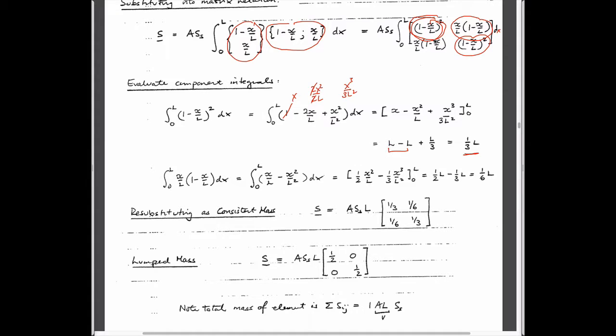And if we do the expansion for the other term, which is just x over L times x squared over L squared, this term here. Again, do the integration. What's this going to be? This is going to be x squared over 2L. This is going to be x cubed over 3L squared. And again, if we make the substitutions, the 0 is going to give us nothing. The L is going to give us x squared over L divided by L, which is L over 2, which is this term here.